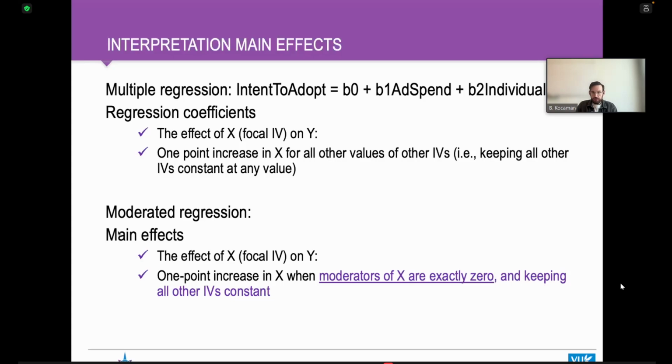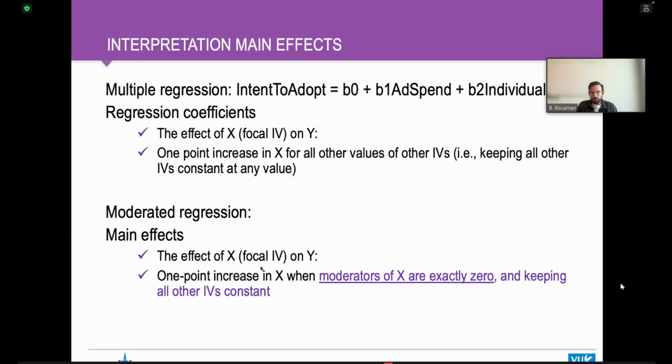When we have a moderated regression, so we add the interaction between individualism and ad spend, then the main effects mean the effect of x on y. The generic meaning is the same, but this has a specific meaning because this is when the moderator of x is exactly 0 and keeping all other independent variables constant.